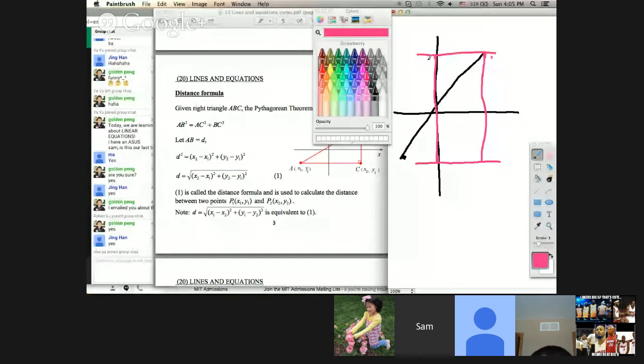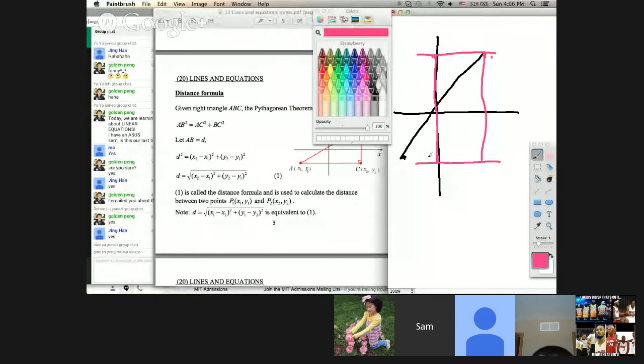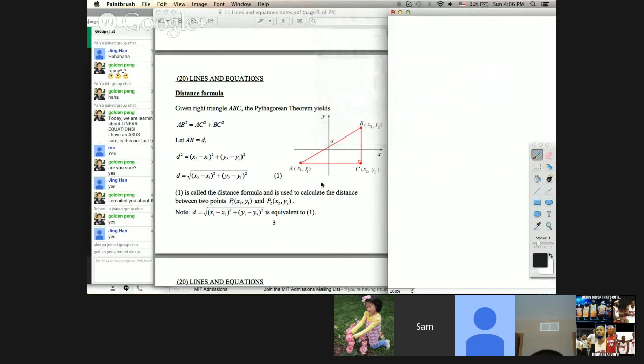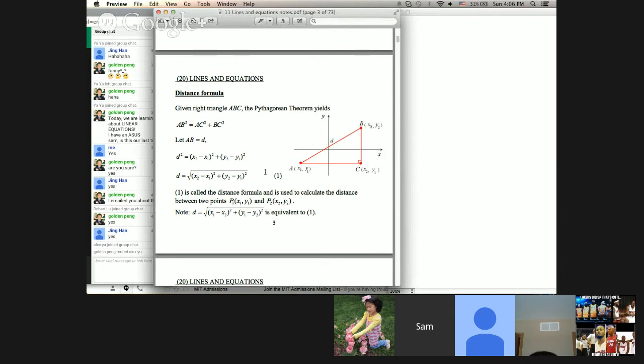So let's say this y was 4, and this y right here was negative 2, then the distance would be 6. I don't know if I explained that really well, but you don't even have to know how to derive it, you can just memorize the formula.